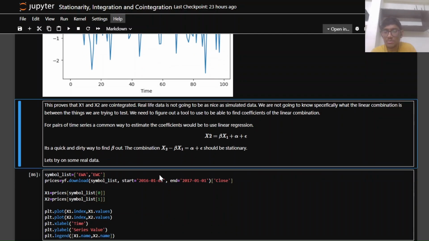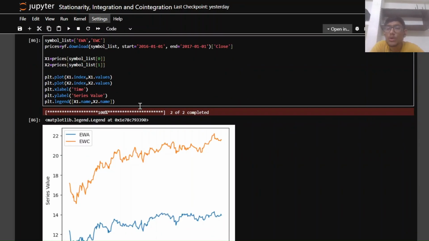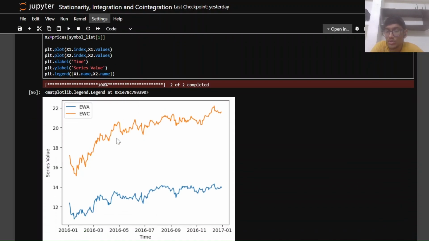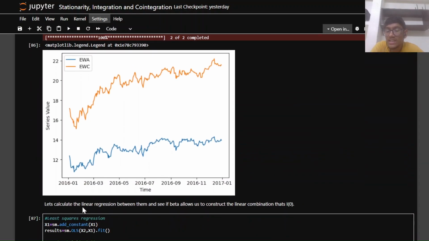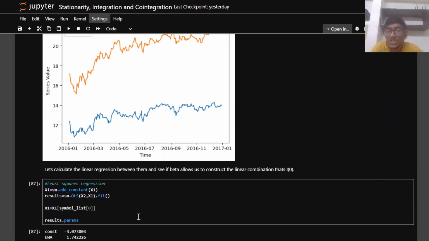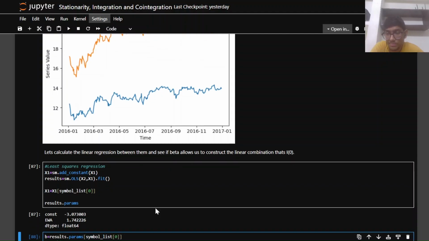Let's try this out on some real data. We would use EWA and EWC, which are the Australian and Canadian stock market ETFs, which are often used in pair trading, and download data from 1st Jan 2016 till 1st Jan 2017 and use closing prices. We just plot how both the time series look and then calculate the linear regression between them and see whether the beta that we get allows us to construct the linear combination that's I0.